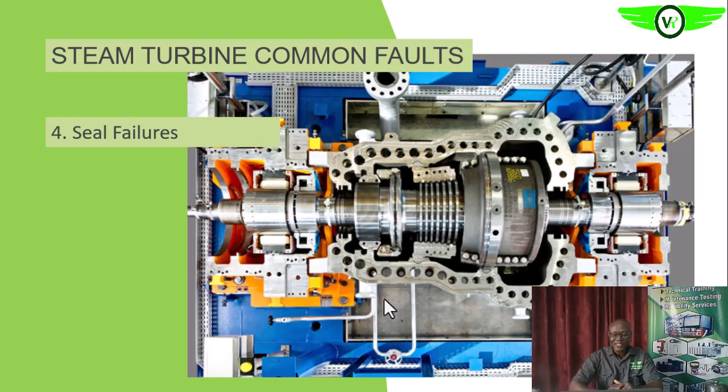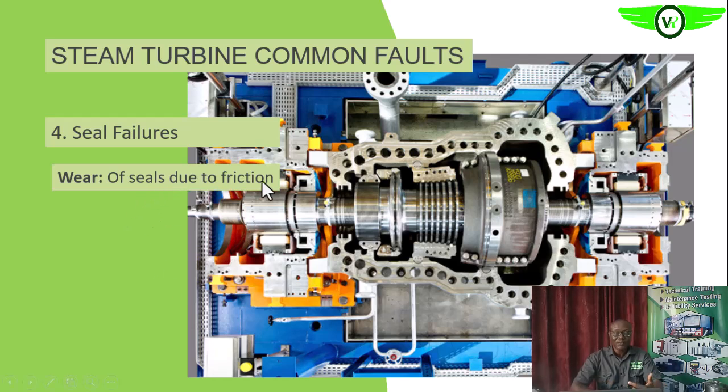Then the seal also can fail. What can cause seal failure? Okay, you see that it can wear, as you can see on your screen, due to excessive friction. Are you getting it? It can wear due to excessive friction between the seal and the shaft of the rotor.